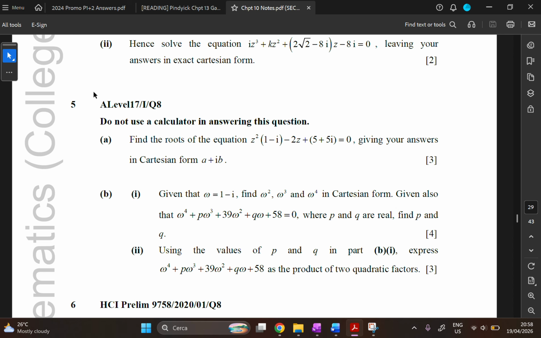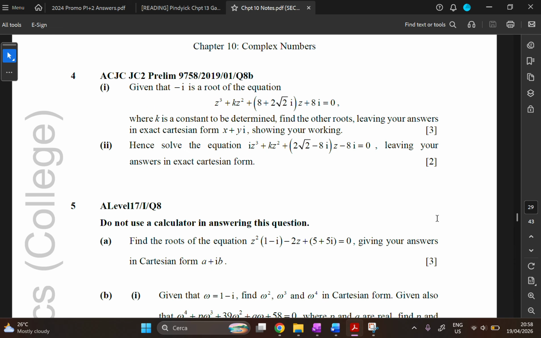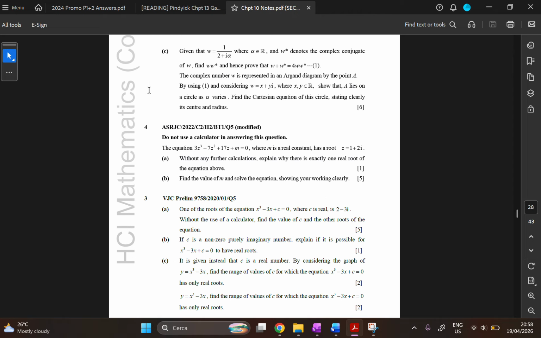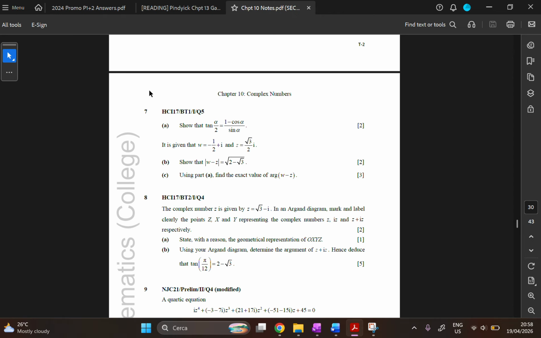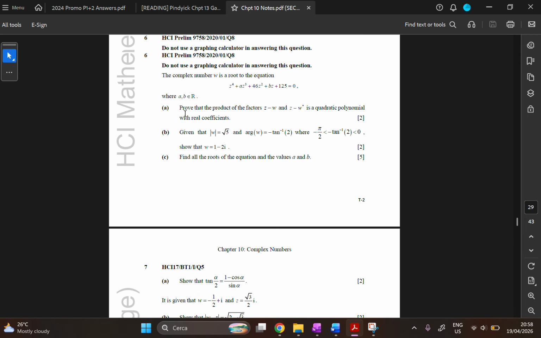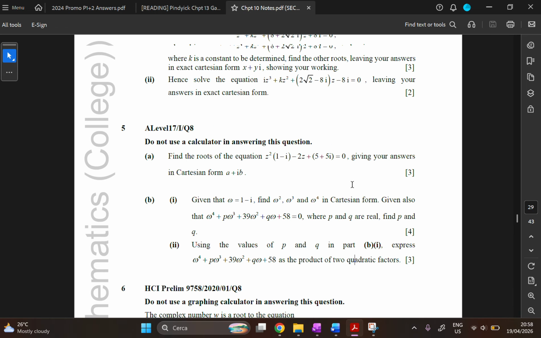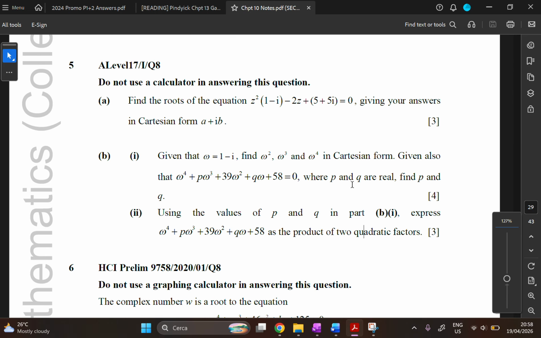So I want to guide you through this question because it puts everything that we've gone through so far together, and then you can already do your tutorial 10 question 1, 2, 3, 4, all the way to question 5. So next video I'm going to go through this with you, and then you can do 1, 2, 3, 4 on your own. Okay, bye bye.